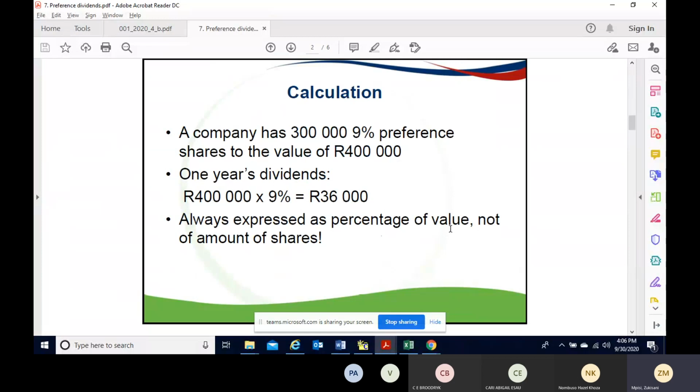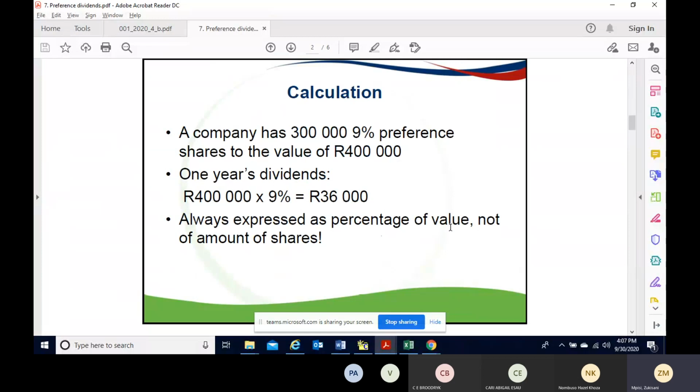For your ordinary shares, you buy shares and hold them, and at the end of the year, out of the profits, a certain amount of ordinary dividends can be declared and paid based on the number of shares that you are holding.